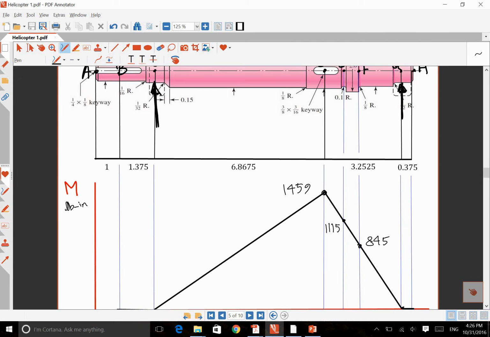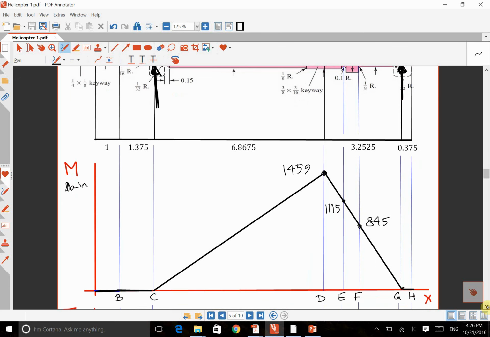From point C, where the bearing is, to point D, where the external load is, we have a linear behavior for the moment, and then from the load point to the other bearing we have another linear behavior, and the rest is zero again.